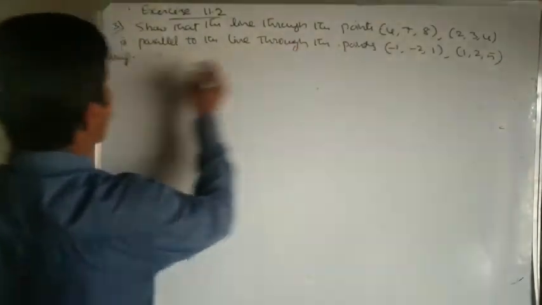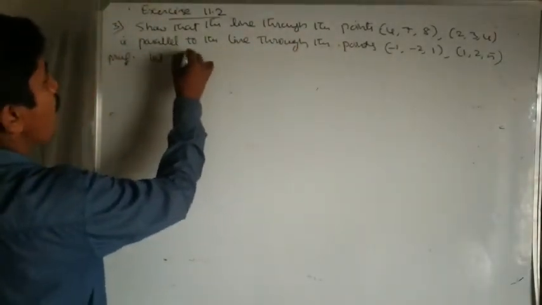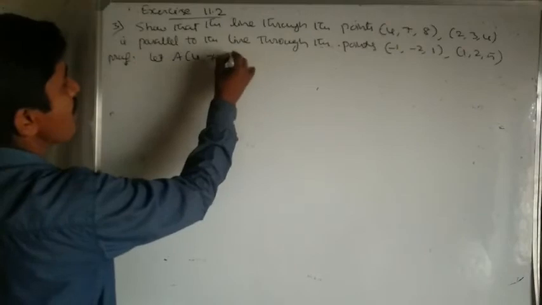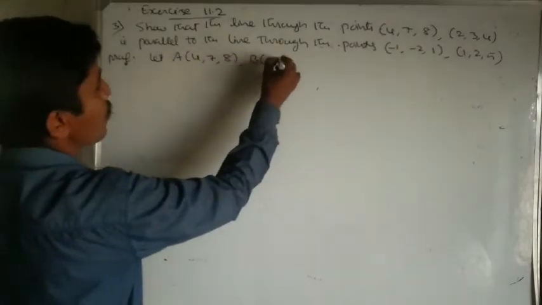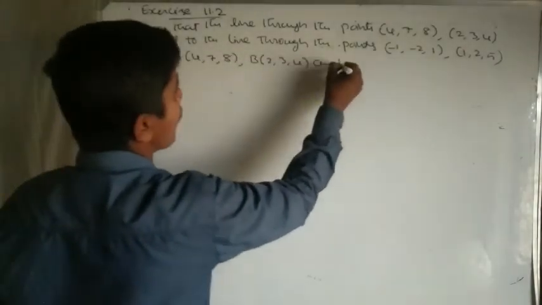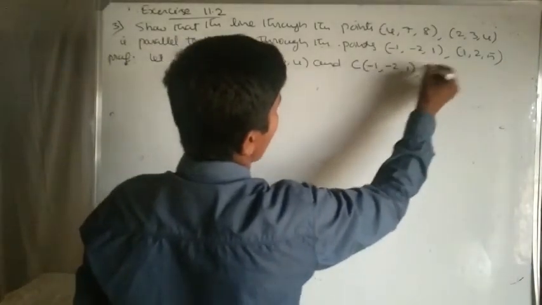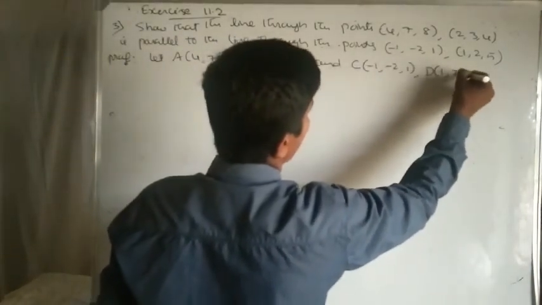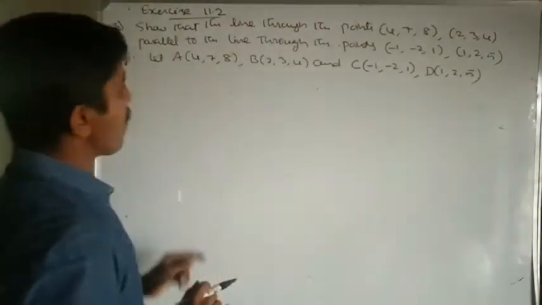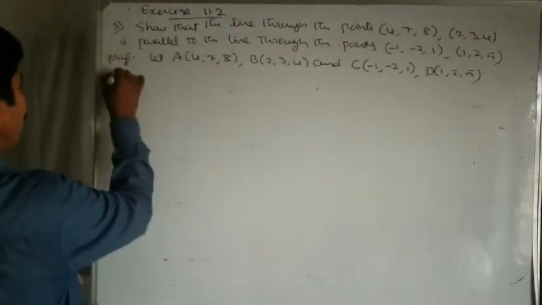So here I am taking the first point A as 4, 7, 8, the second point B as 2, 3, 4, the third point C as minus 1, minus 2, 1 and the fourth point D as 1, 2, 5. First I am going for the direction ratios of AB.